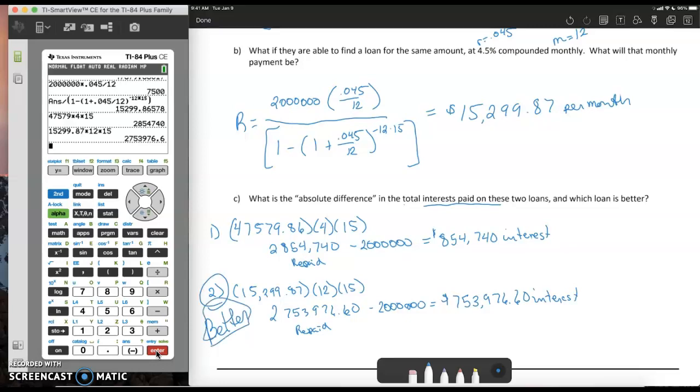And when they say absolute value or the absolute difference, that just means subtract in either order that will make this a positive number. So let's take this number subtracted by this number.